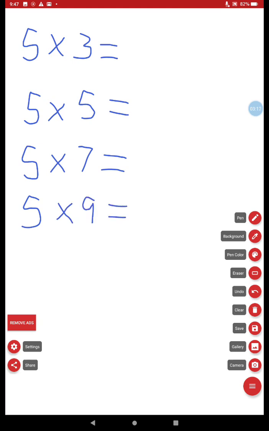Okay? All right. Now, when I look at all these numbers, these are all odd numbers. Hope you notice that. Let's go through them. 5 times 3 is 15. 5 times 5 is 25. 5 times 7 is 35. 5 times 9 is 45.